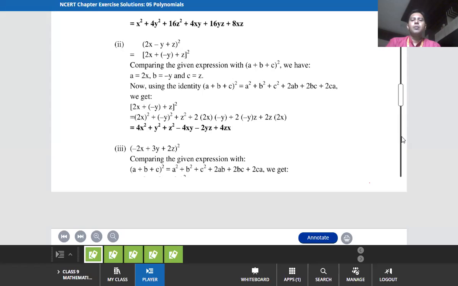You need to apply the identity which is on screen: a plus b plus c whole square is a square plus b square plus c square plus twice ab plus twice bc plus twice ca. Just apply the identity and get the answer.